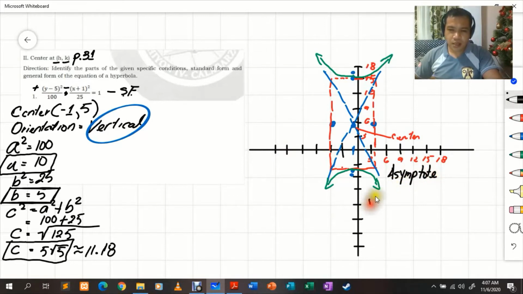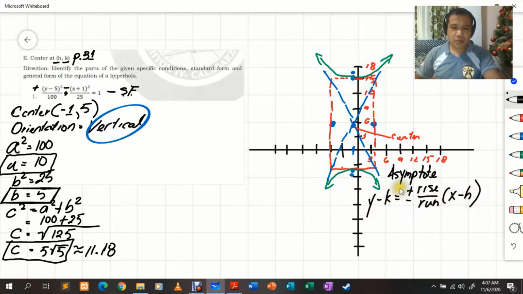So, once again, our equation is y minus k equals positive, negative, rise over run, quantity x minus h. This time, hindi natin cancel out si k at si h since may value tayo ng hk for the center. So, y minus, ano yung k natin? That is 5 equals positive, negative.